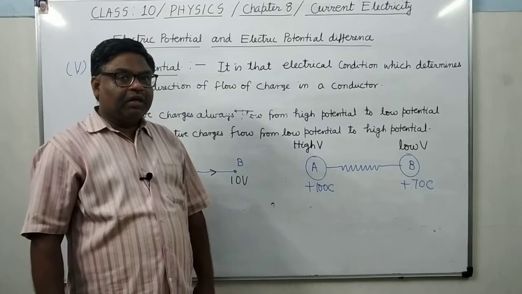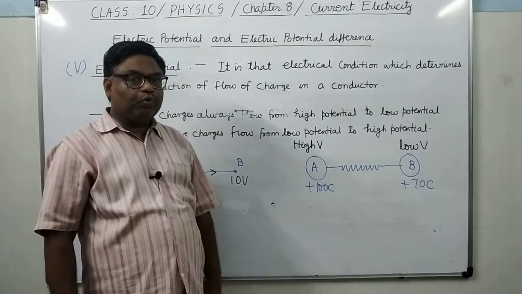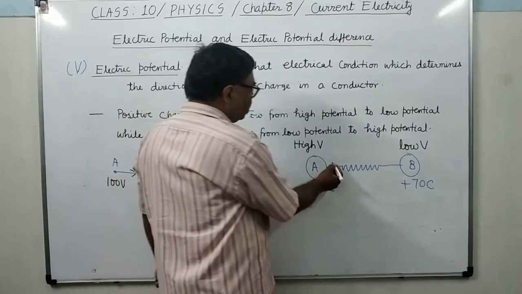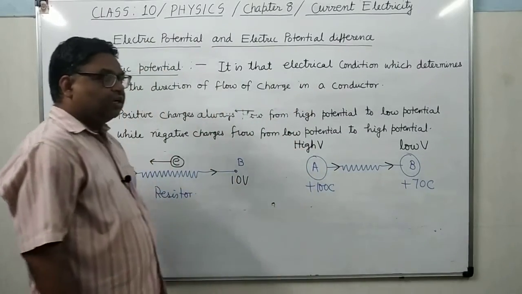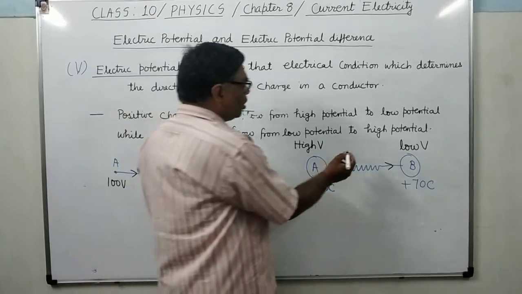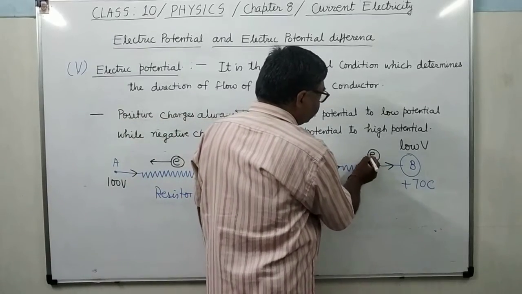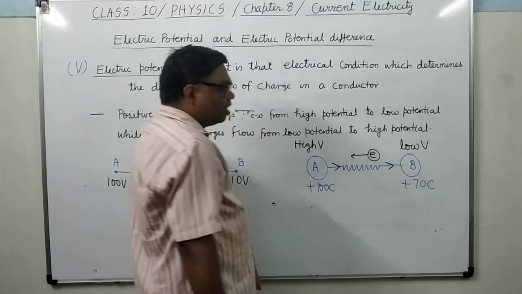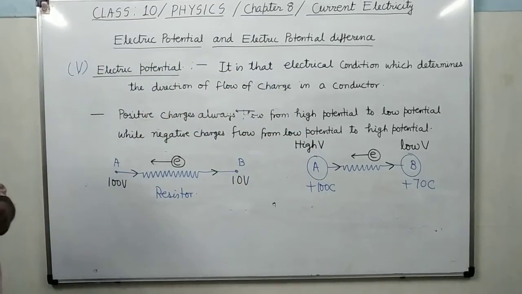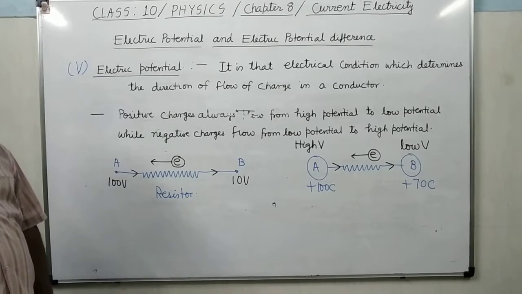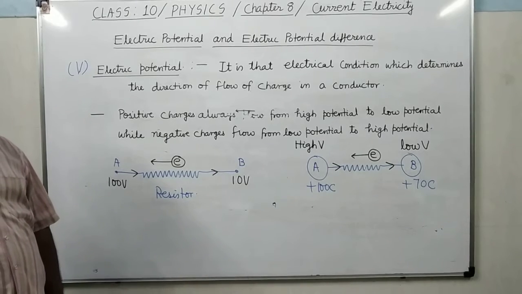So one is at high electric potential and one is at low electric potential. What will happen? Current will flow from where to where? From high potential to low potential. Is it clear? Electrons will flow from where to where? Electrons will flow from this end to this end. Up to which moment will this flow continue?